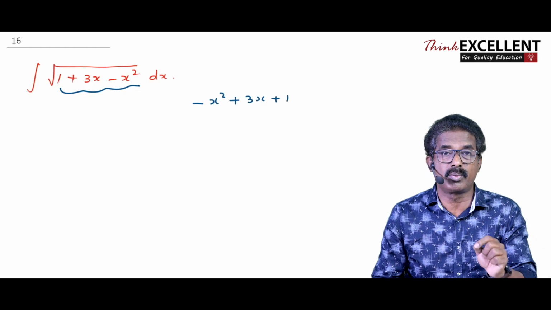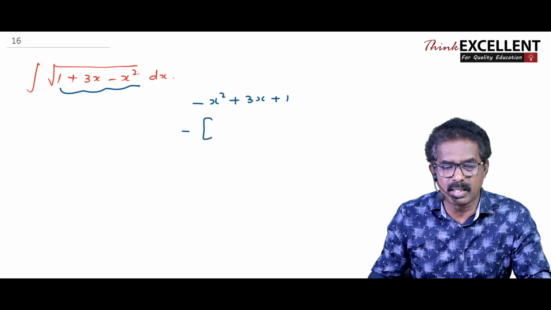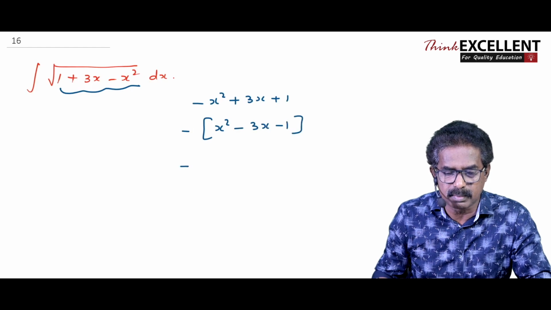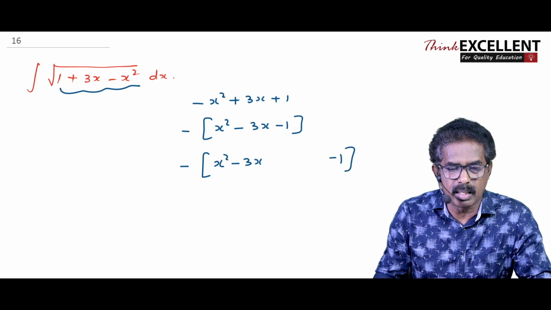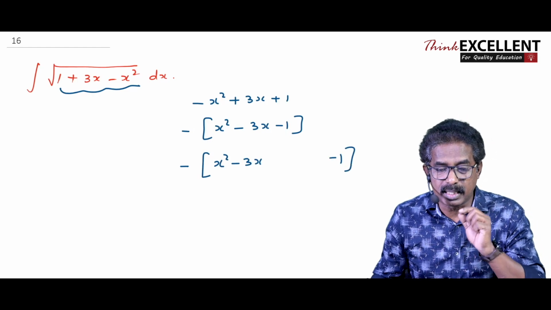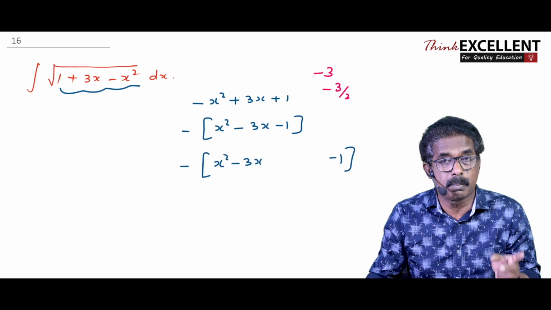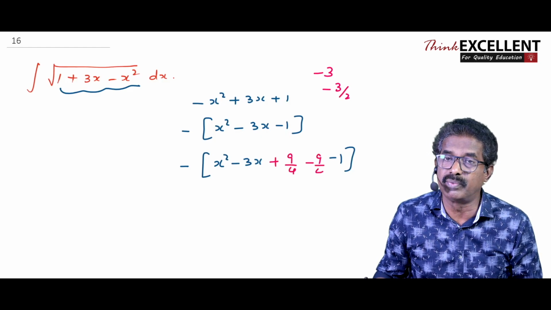First we want x square coefficient as 1. So take a minus sign outside. If I take a minus sign outside, x square minus 3x minus 1, that is minus of x square minus 3x minus 1. அப்படியே எழுதியிருக்கிறேன். ஒரு term add பண்ணுவோம், subtract பண்ணுவோம். அதுக்கு x coefficient minus 3, half of that minus 3 by 2, square it plus 9 by 4. So plus 9 by 4 minus 9 by 4.